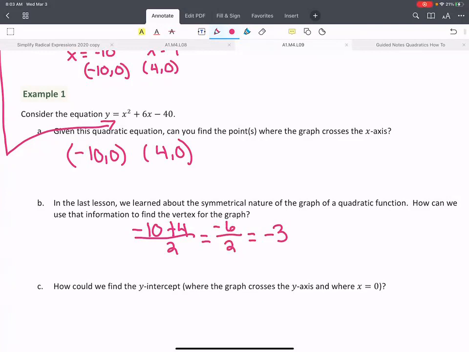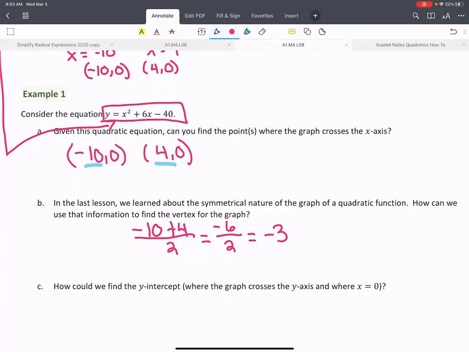Okay, now a vertex has 2 points, right? This would be the x value because we used our x values. Okay, guys, to find the y value, they've given us an equation to use. Do you see it says y equals x squared plus 6x minus 40?